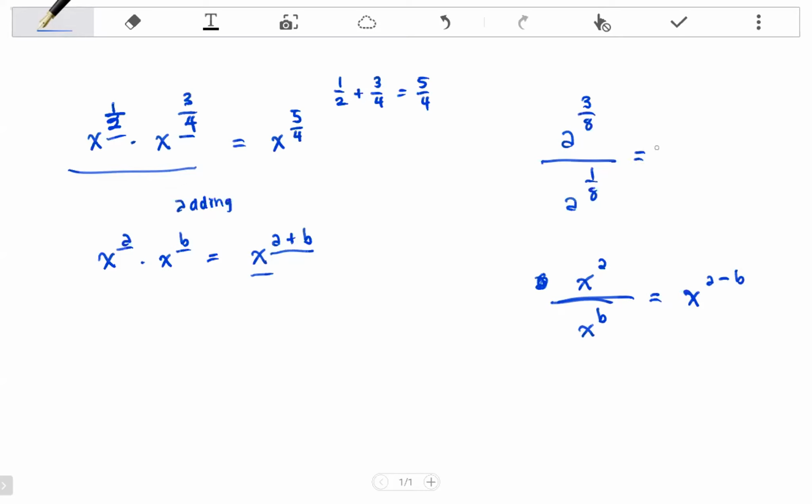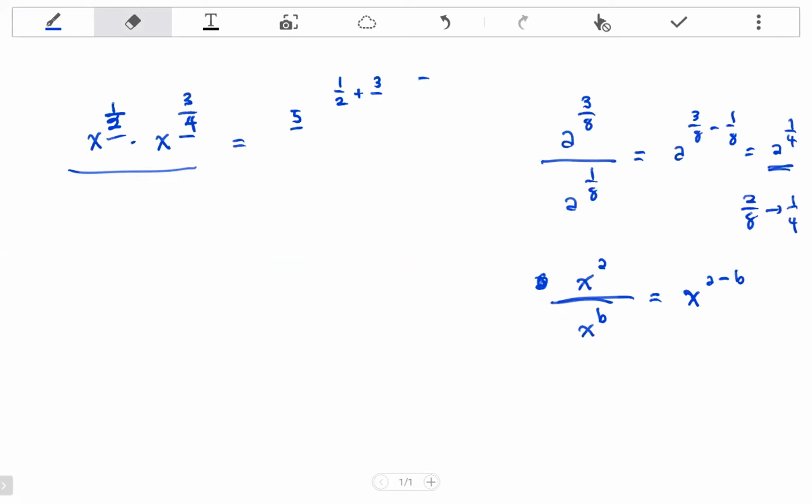So what is 3/8 minus 1/8? That's just going to be a to the 1/4, right? 2/8 becomes 1/4. So we can rewrite this as a to the 1/4. Does that make sense so far? Yes. Okay, so we covered two properties of exponents.